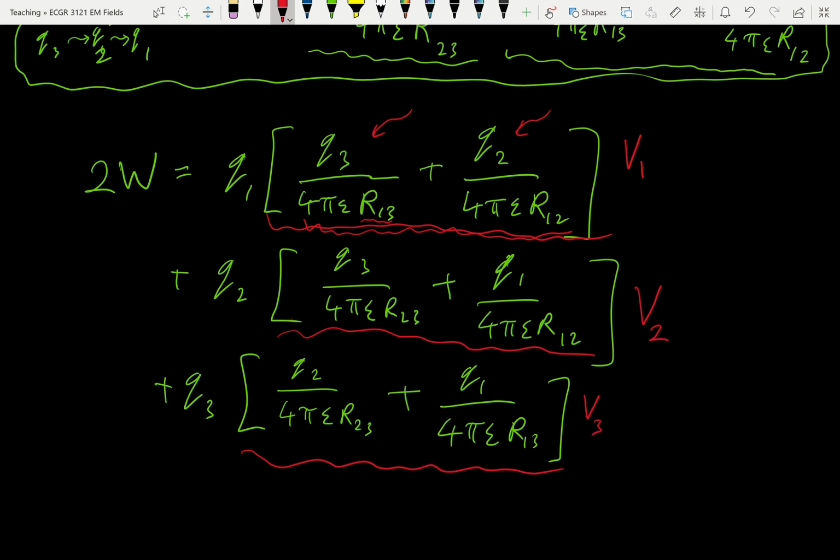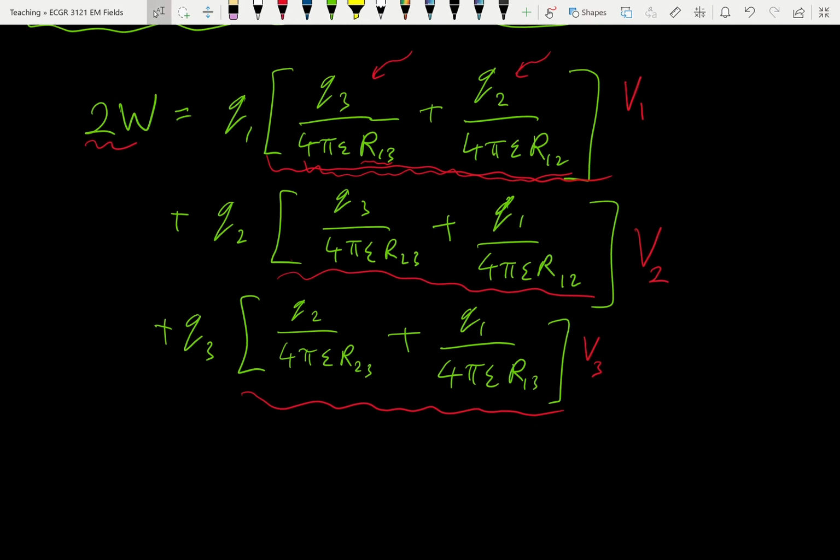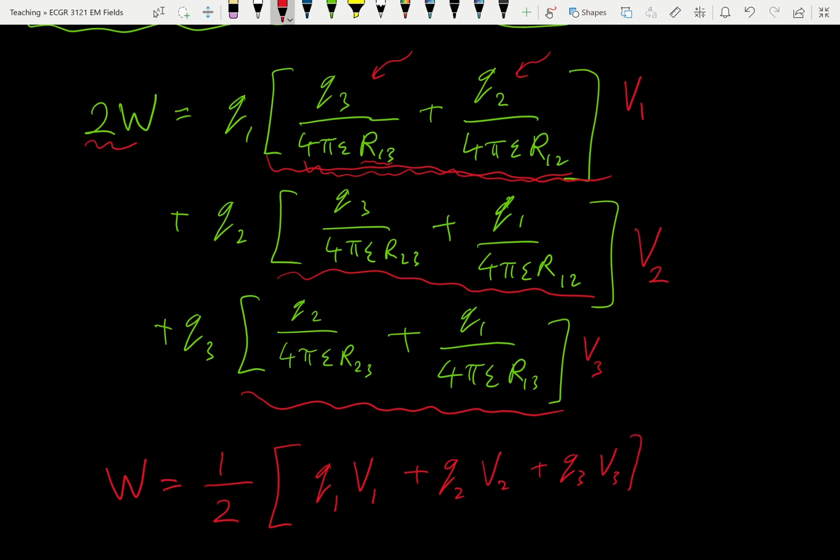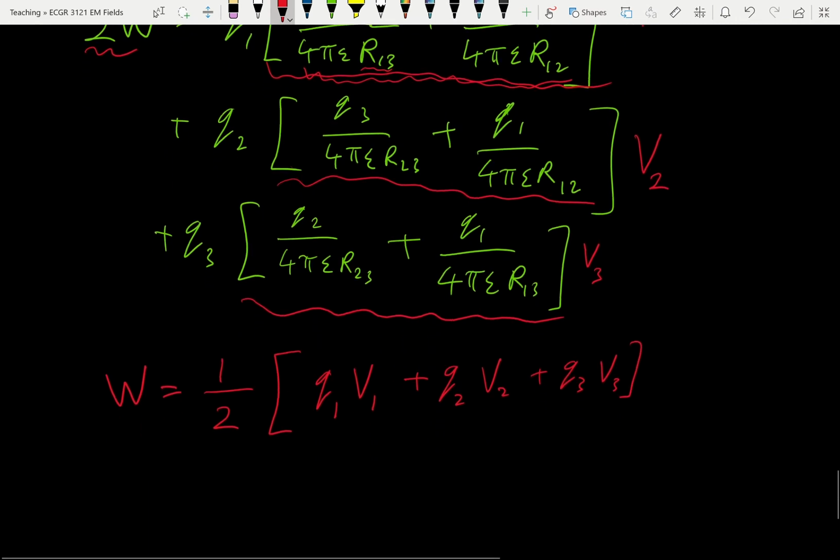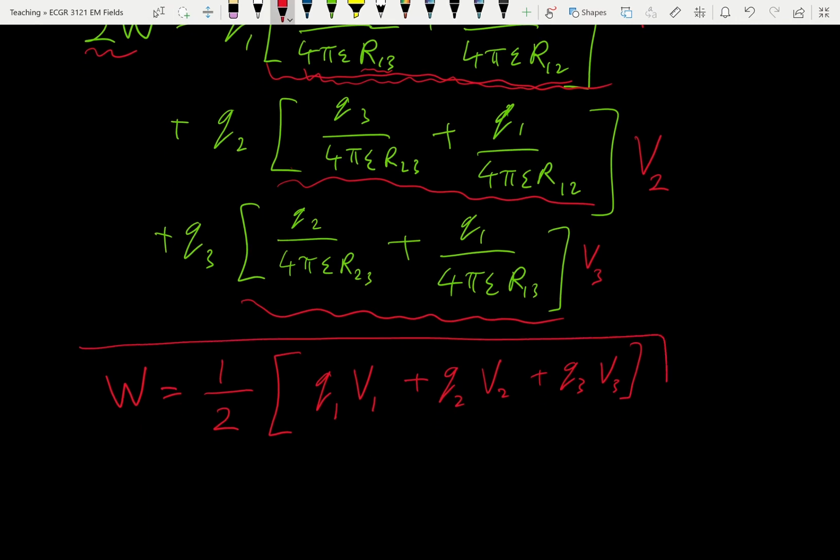There's a 2 here that I can take to the other side, so I end up with this expression for the total amount of energy, which is way simpler than the expressions I had before: half times Q1 V1 plus Q2 V2 plus Q3 V3. This is the total energy that's put into the system.